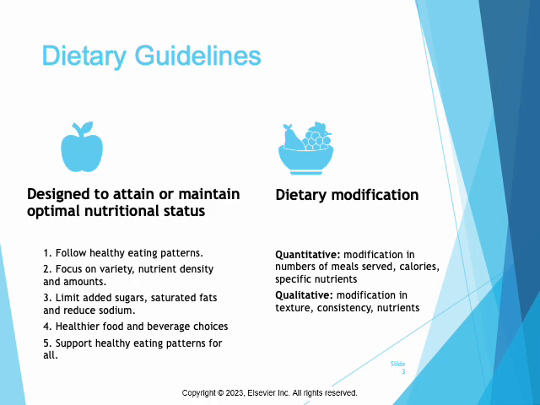There are 5 key messages listed here on the slide: following healthy eating patterns, focusing on a variety of nutrient-dense foods in the proper amounts, limiting added sugar, saturated fats, and reducing sodium, overall choosing healthier food and beverage options, and supporting healthy eating patterns for all, and realizing that every individual plays a role in this. The goal of this is really to attain and maintain optimal nutritional status for all citizens.